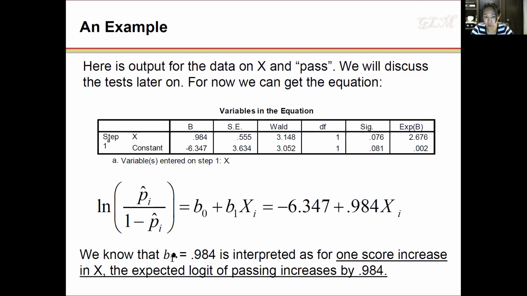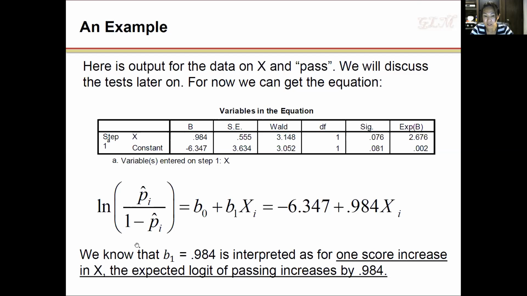So this is the interpretation in logistic regression. We know B1 is 0.984. How can we interpret it? When there is a one-unit increase in X, the expected logit, because this Y is logit, okay?